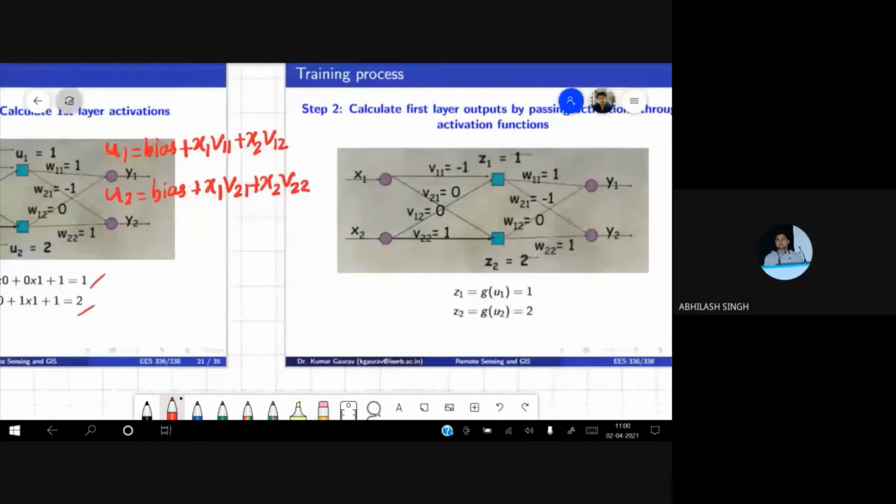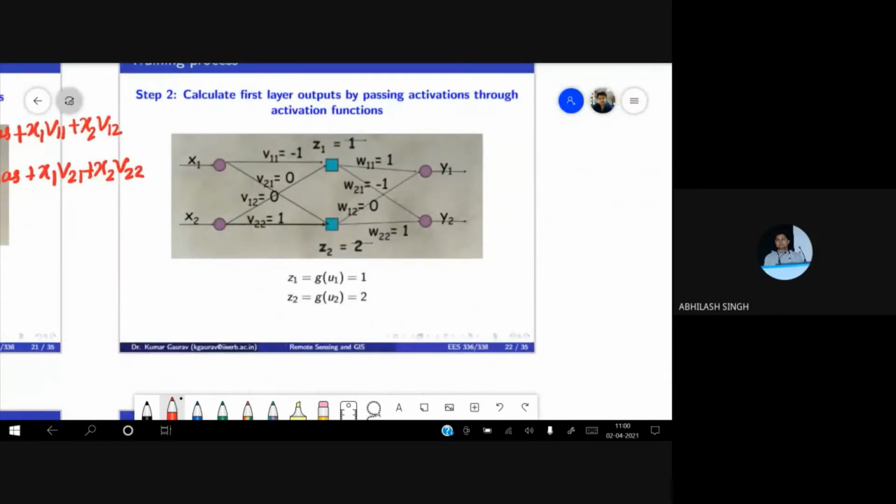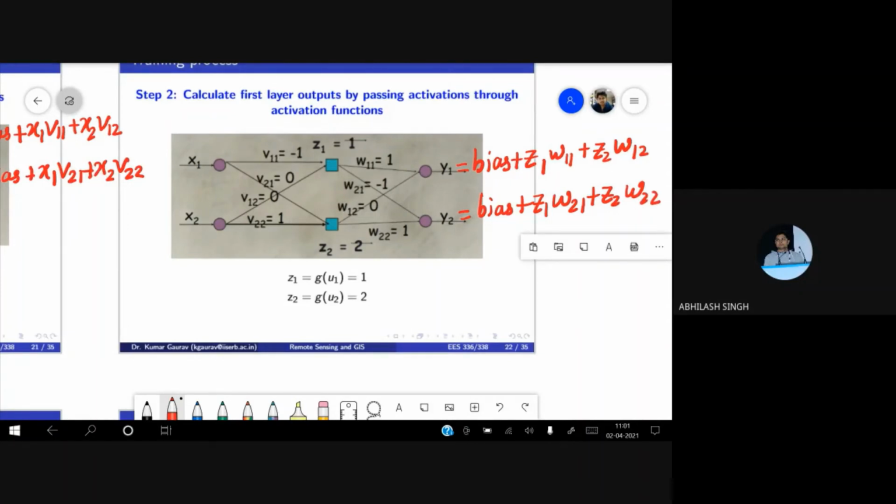So let us proceed further. We assume that u1 is just zeta 1 and u2 is zeta 2, that is z1 and z2, and through these values we will compute y1 and y2. So what will be the value of y1? The equation for y1 is bias plus z1 w11 plus z2 w12, and for y2 it will be again the bias term plus z1 w21 plus z2 w22.